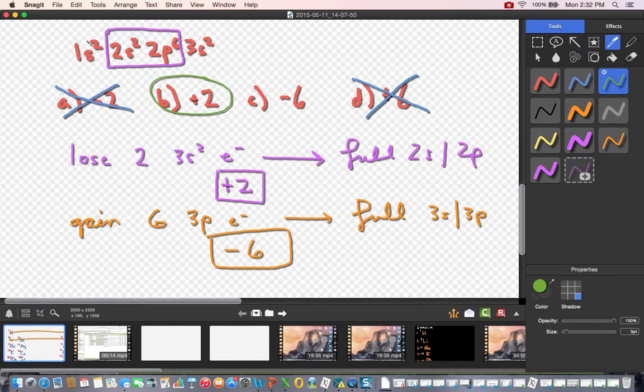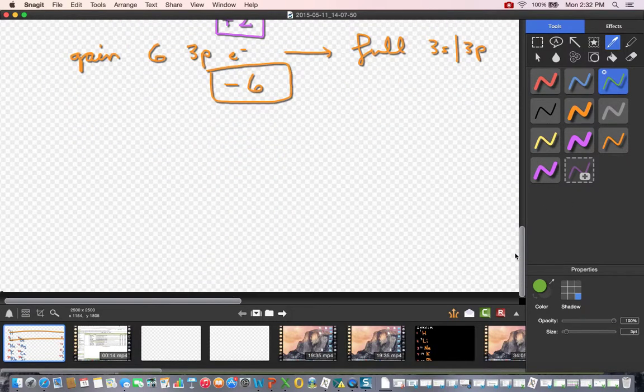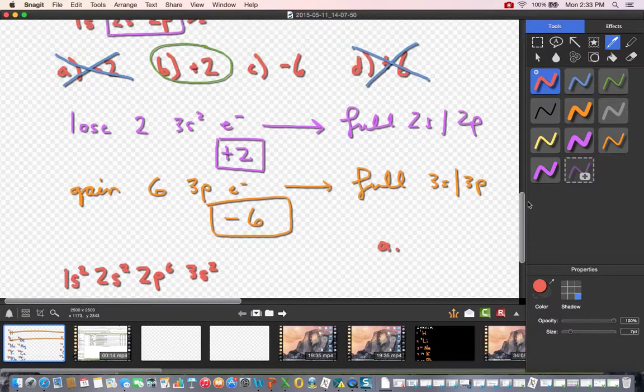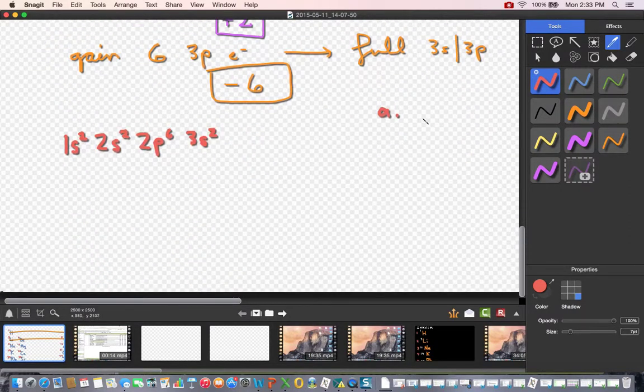So let's consider this problem again through a different pair of eyes. So I have an electron configuration of 1s2, 2s2, 2p6, 3s2. Choice A is -2.